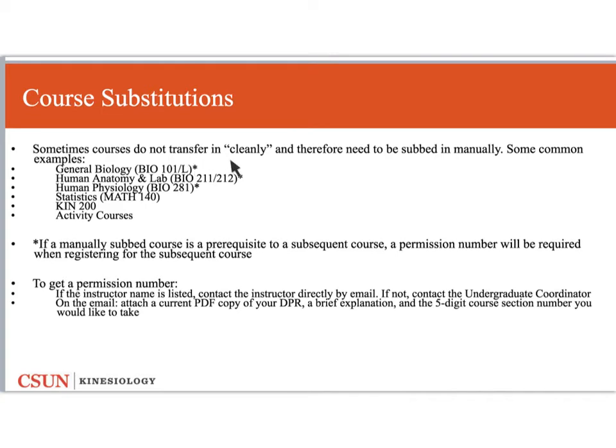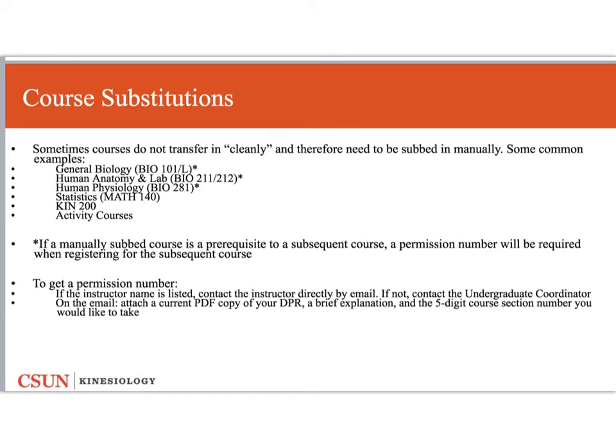Some general bio classes don't come in cleanly. So if you took general bio and you're not getting credit for it, you need to see me so I can see if we can do a substitution. The same is true for anatomy, physiology, statistics. Also, our Kin 200 class sometimes does not transfer in cleanly, and the activity classes.